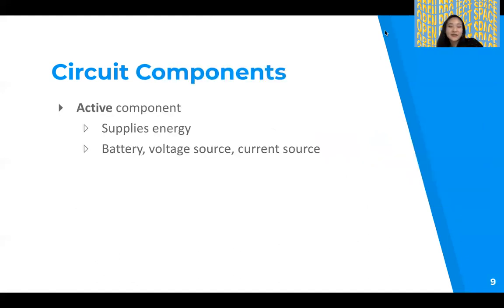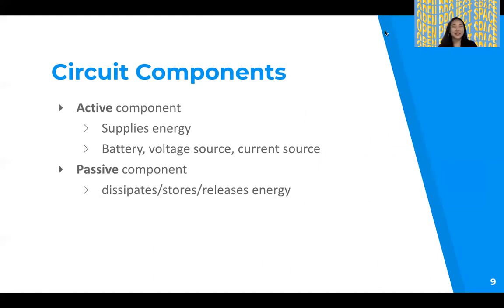Right. In terms of circuit components, we call everything in the circuit a circuit component, and we have active and passive components. Active components supply energy, so they're things like batteries, voltage sources, and current sources. On the other hand, passive components don't supply energy, but dissipate, store, or release energy. Things like resistors, capacitors, and LEDs are called passive.